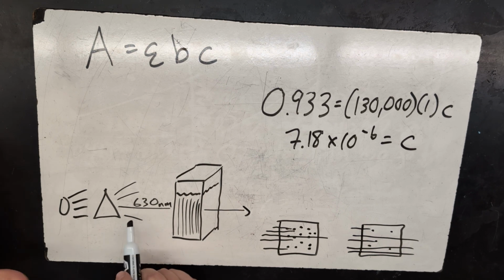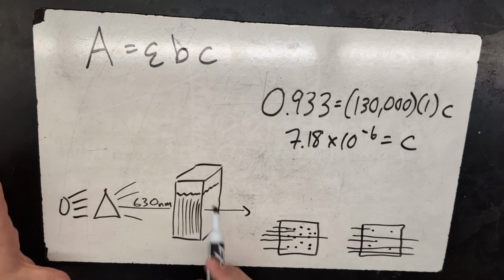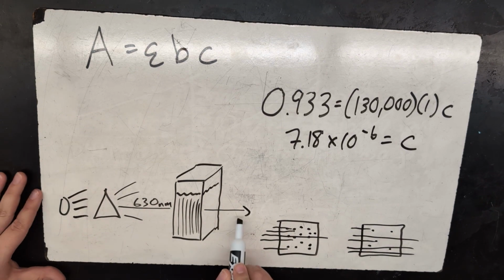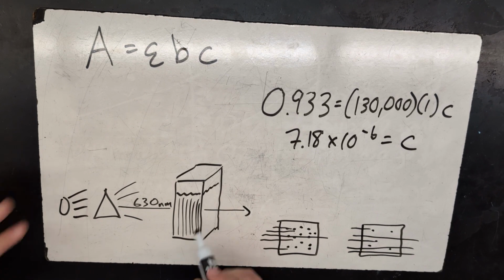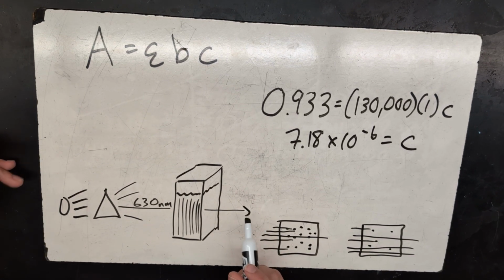The light is passing through, and what the spectrophotometer does is measure what percentage of light actually gets through the solution. We call that percent transmittance. If you write that percent transmittance as a decimal, just transmittance, and then take the negative log of that, that's absorbance.